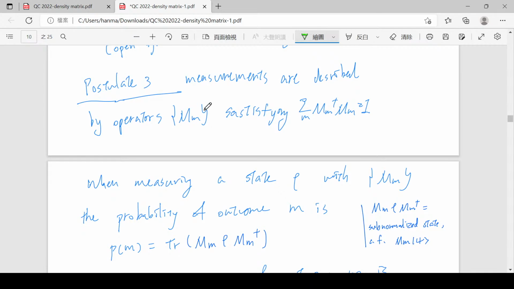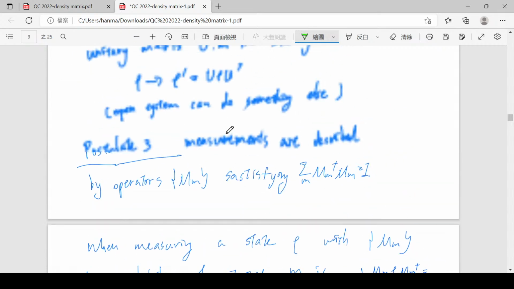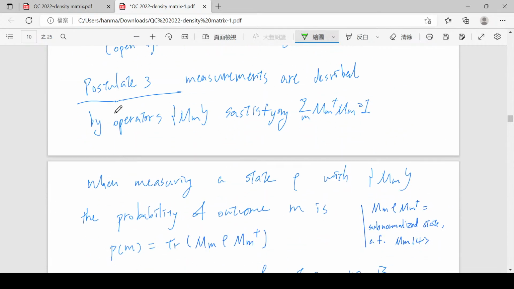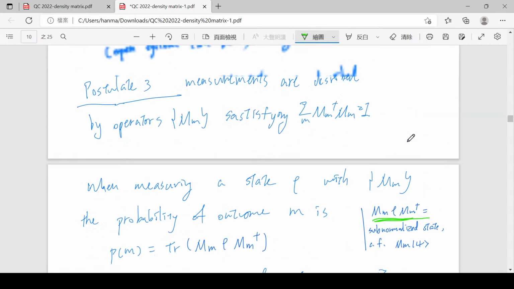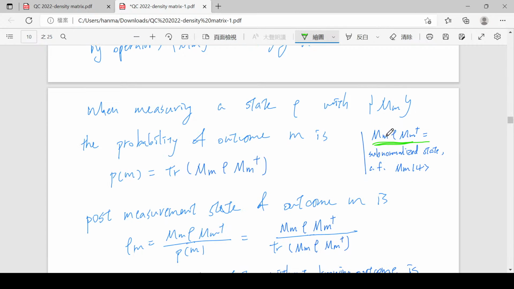And the next example is exactly what we said: measurement. If you apply a measurement described by the set of measurement operators M sub m, then your rho basically becomes this subnormalized matrix M sub m rho M sub m dagger when outcome m happens.